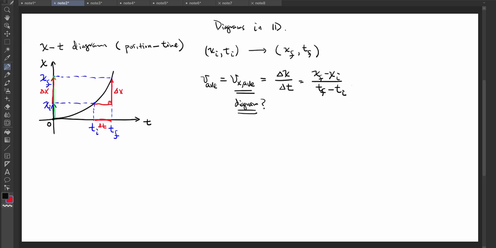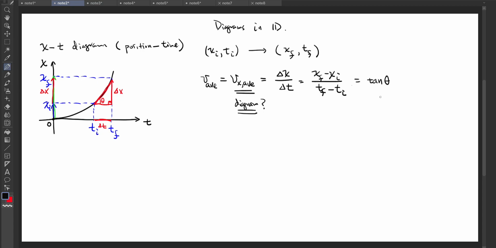So here's a 90-degree angle between these two lines, okay? So when I do delta x over delta t, this ratio here, it will represent the tangent of this angle. Let me call this angle theta. So that will give us tangent theta.